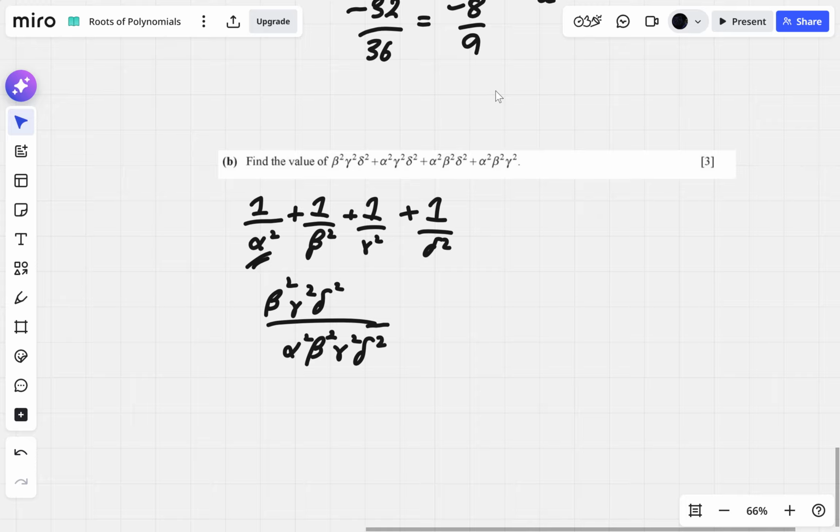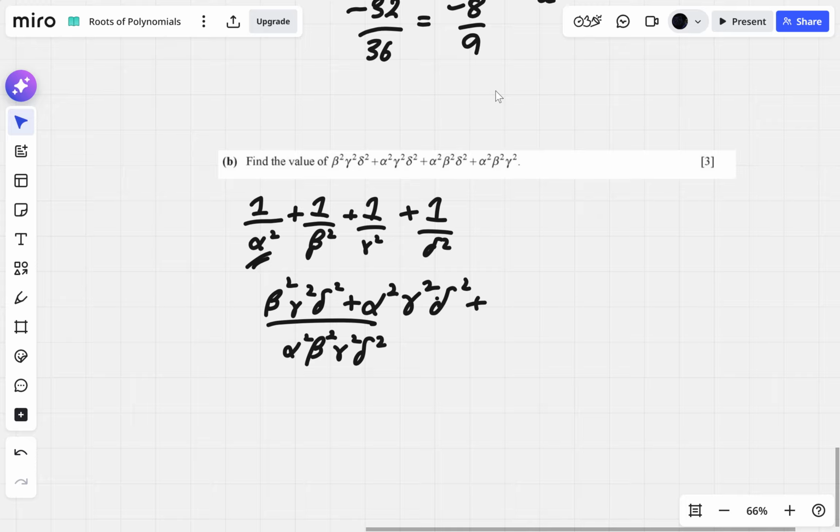And then the next one is going to be, I'm not going to extend the line, that is going to be a very long process. The whole upper thing is just the numerator of the equation we're solving. So the next one is going to be alpha squared, skipping beta squared because that is the denominator, and then gamma squared, delta squared.